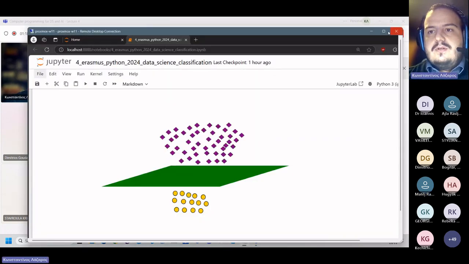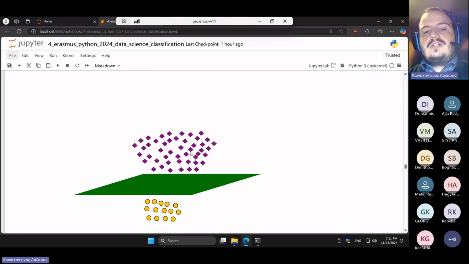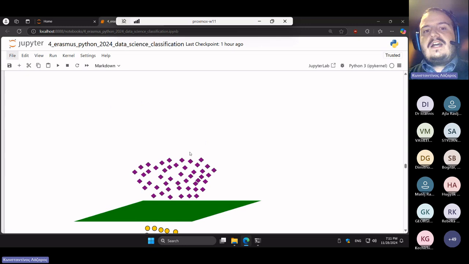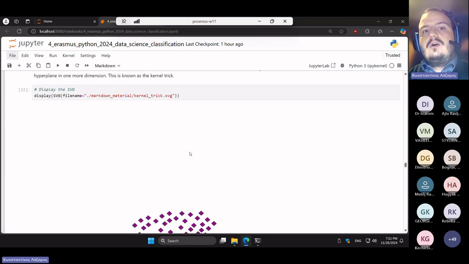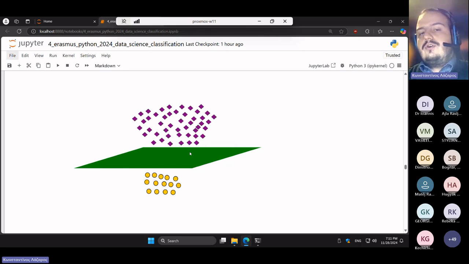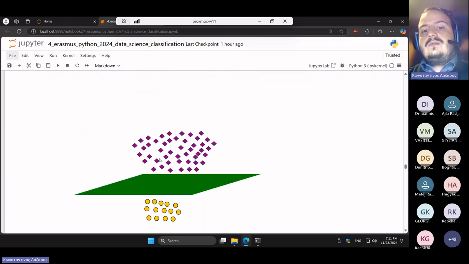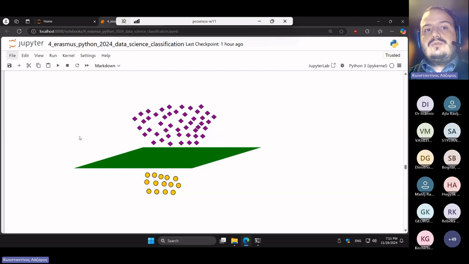Yes, of course. Imagine that you have a nonlinear problem such as this. What support vector machines would do, provided that you specify the correct arguments, which is basically assigning the correct kernel to them, like a nonlinear kernel, is take this two-dimensional data set and lift the dimensionality from 2 to 3, so that they add a third dimension.